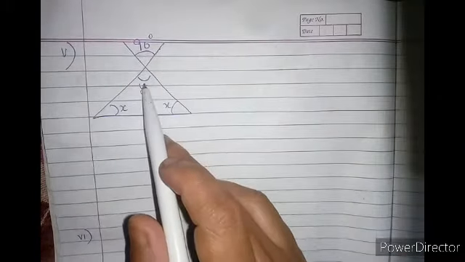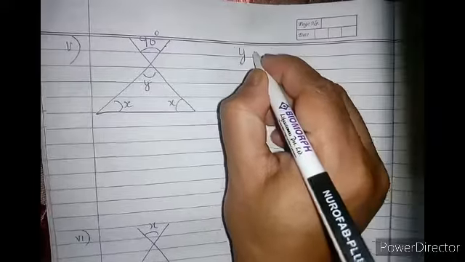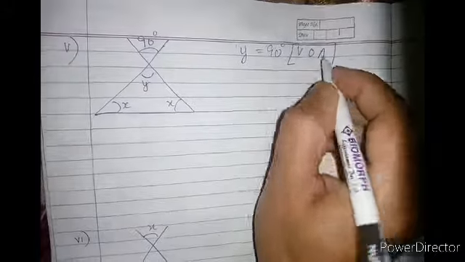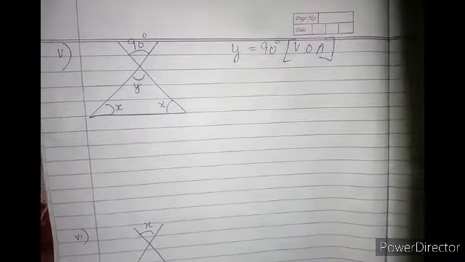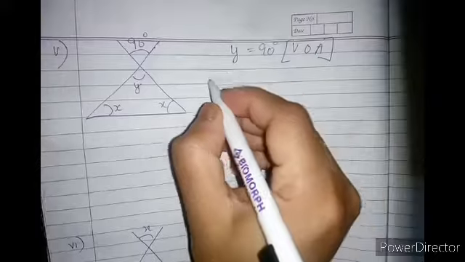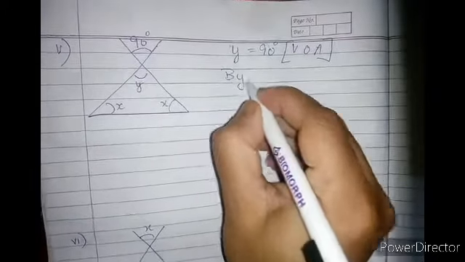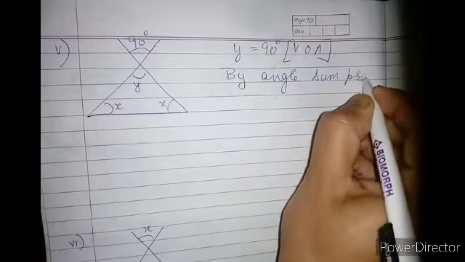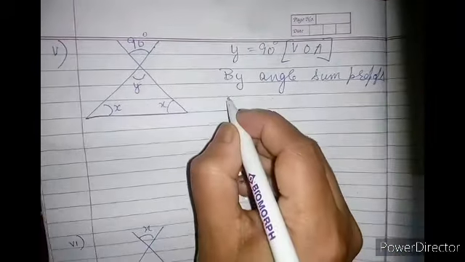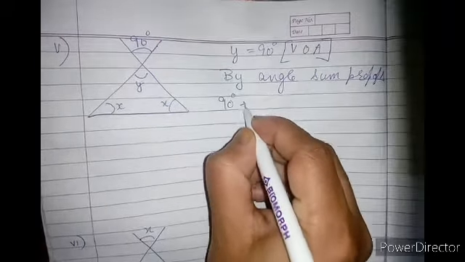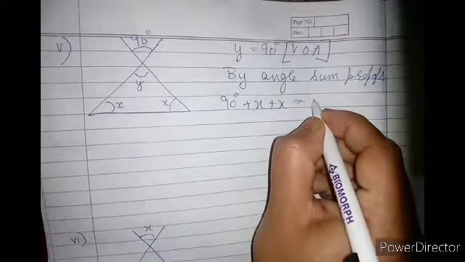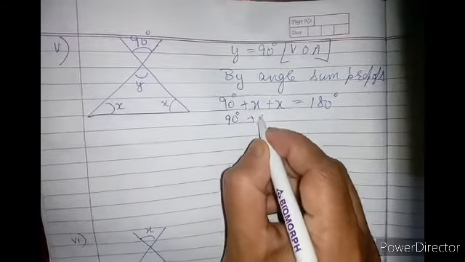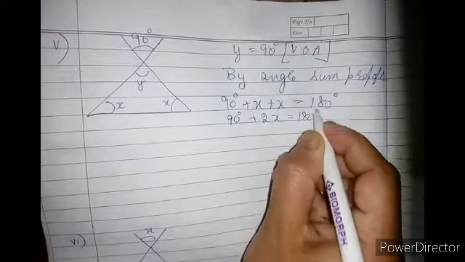Now in the fifth part, this y is equal to 90 degree. Why? Because these are vertical opposite angles. And by the angle sum property of triangle, we will say 90 plus x plus x, that is 90 plus 2x, is equal to 180 degree.